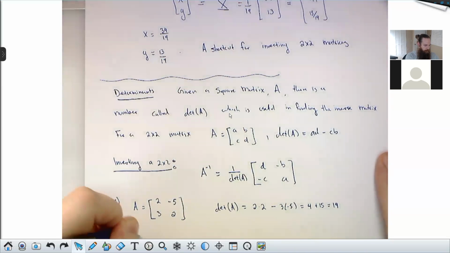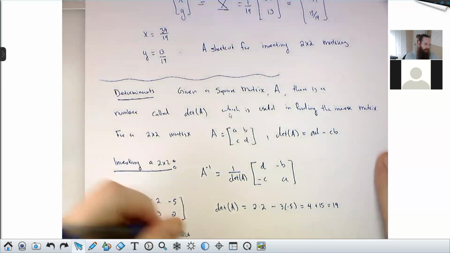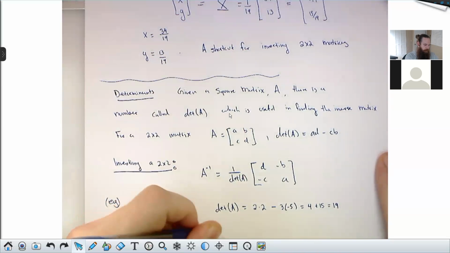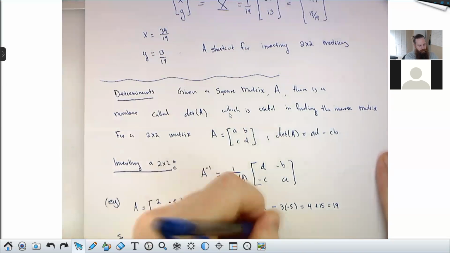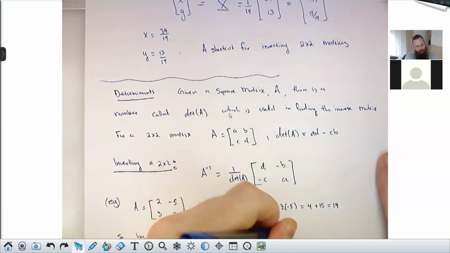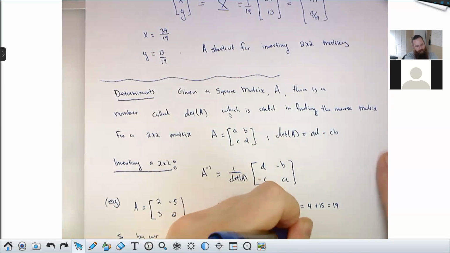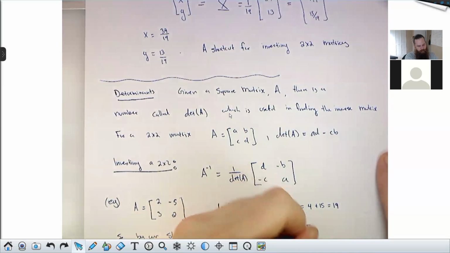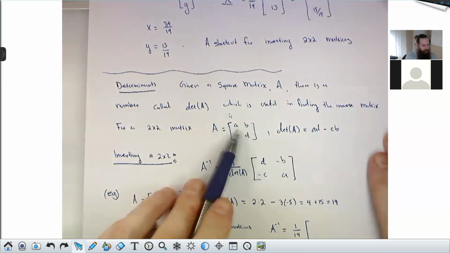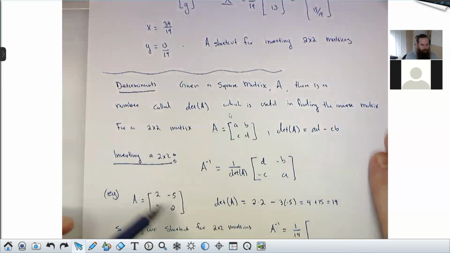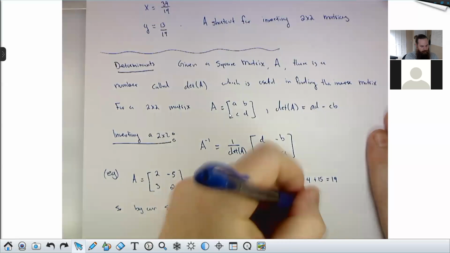So by our shortcut for 2x2 matrices, A inverse should be 1 over 19 times, what do we do? We switch the main diagonals. So the main diagonals were both 2, so I switch those, they don't change.